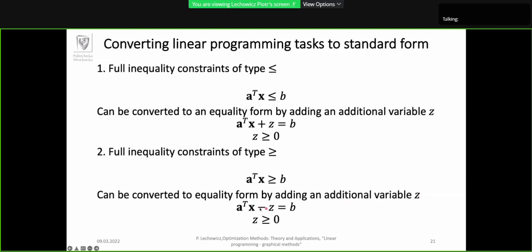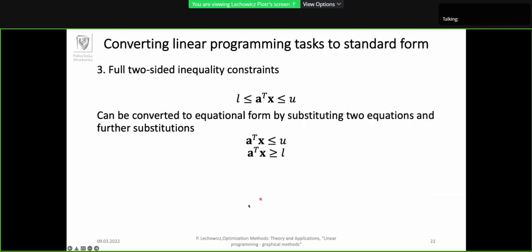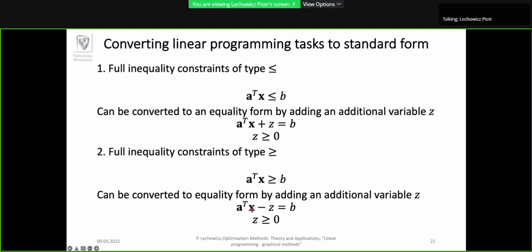However, this time we are subtracting this variable. So if this part of the equation, a multiplied by x, is equal to b, the variable z is equal to 0. If it's higher, the z variable has to be greater than 0. So again, it is possible, but we are increasing the number of variables.